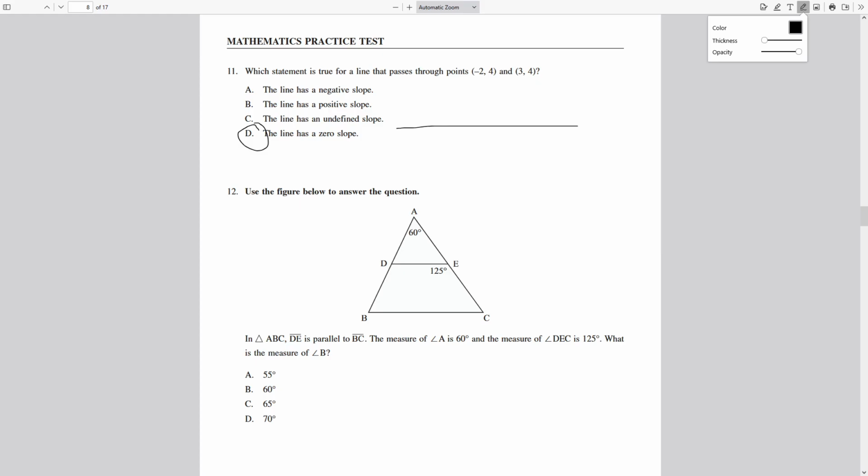Well, I need to find the inverse of angle 125. 55. Yeah. So 60 and 55.